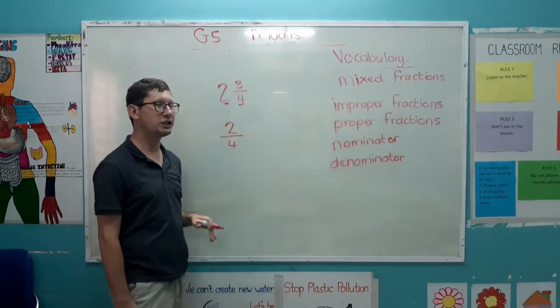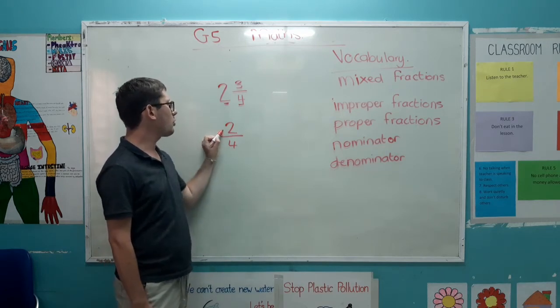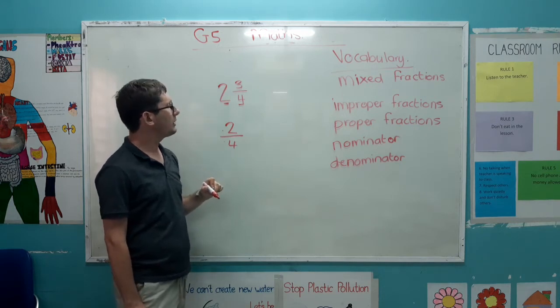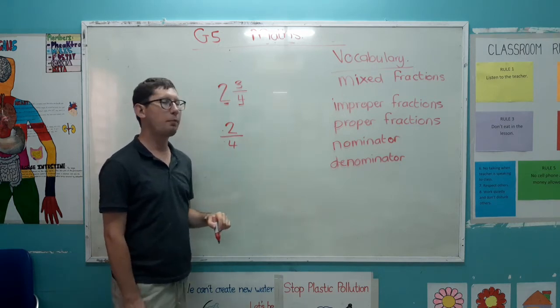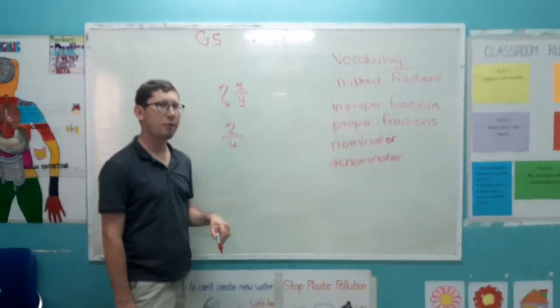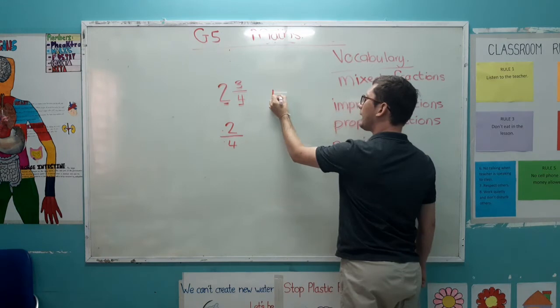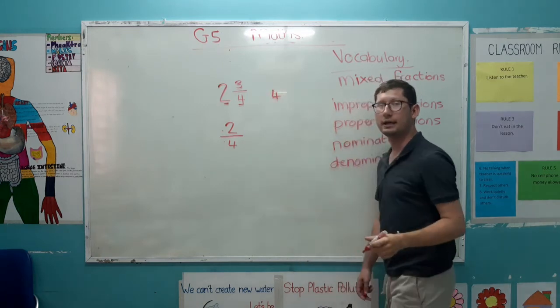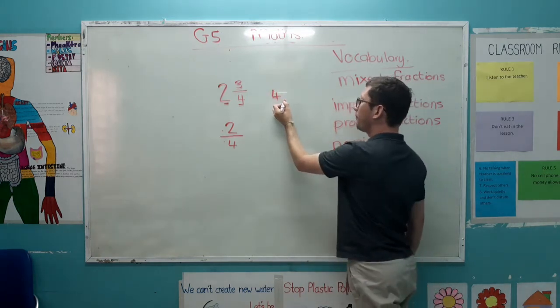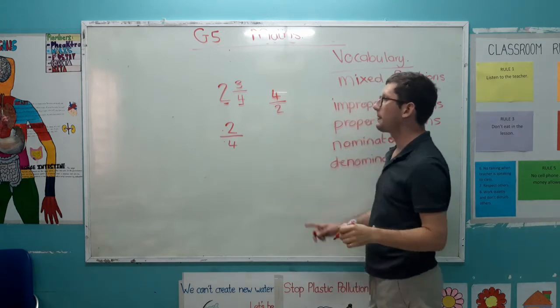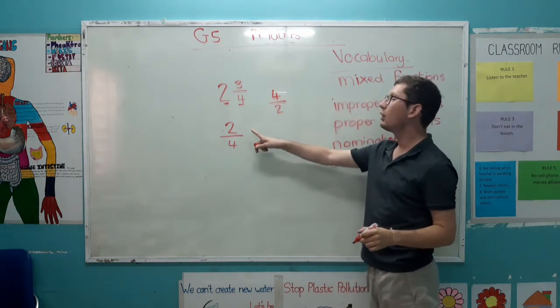Let's have a look at improper fractions. An improper fraction is when the numerator is bigger than the denominator. Okay, so let's just recap this one.